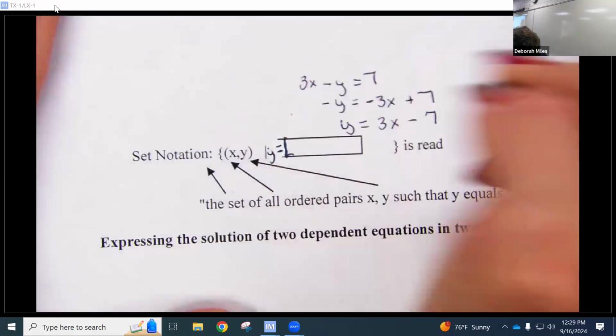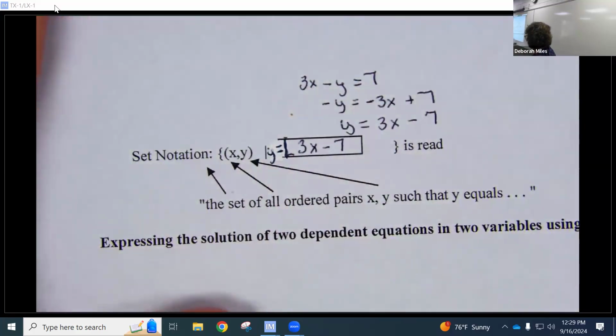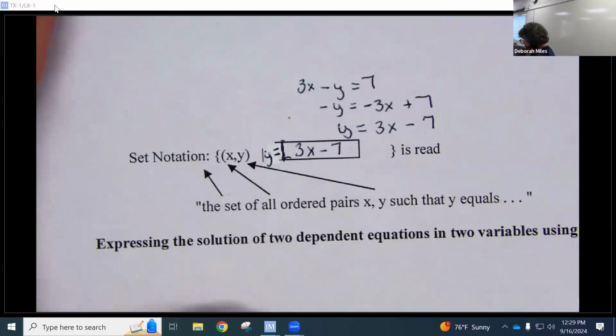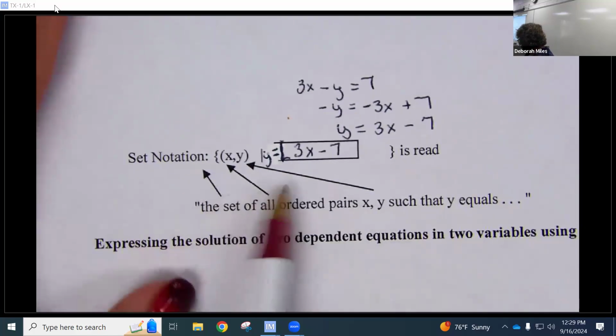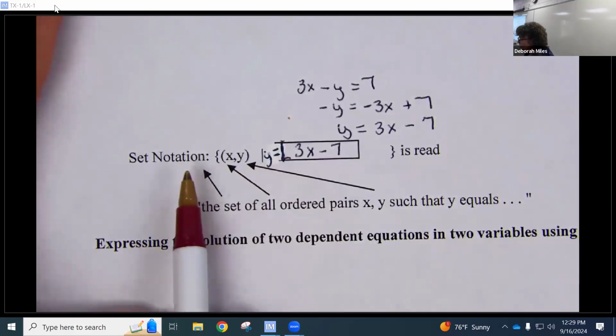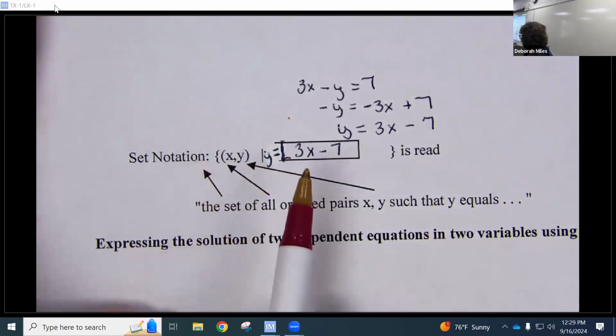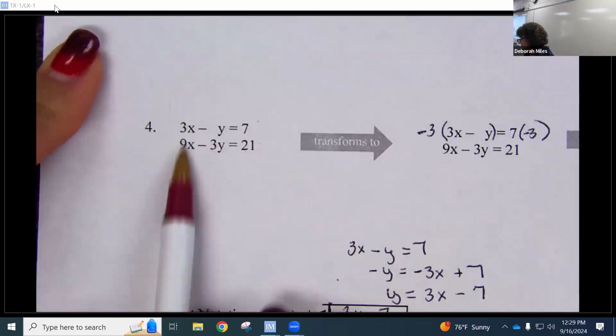That's what MyLab wants you to put in the box. And I'll tell you why. What we've done with this set notation is we have given the format of all of the solutions to this system.